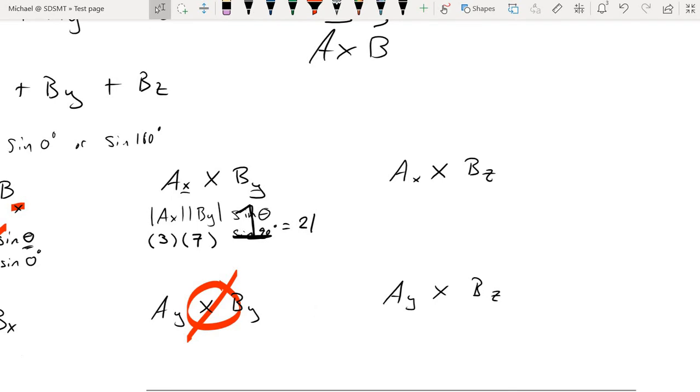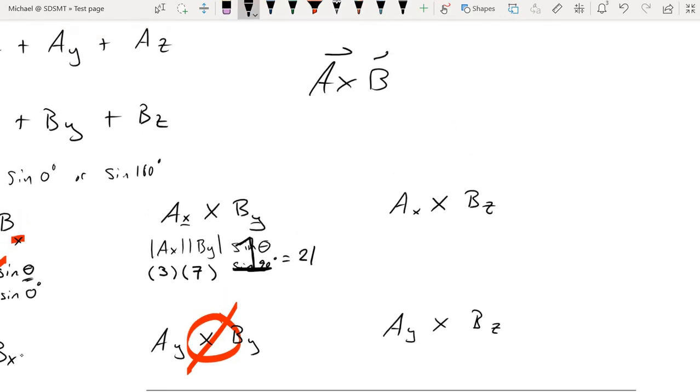Now, we have a value of 21, and we know from experience, or at least from what we're told, anytime we take a cross product, we should get another vector. Well, A of X and B of Y are both vectors. They just happen to be in just the X or the Y directions respectively.